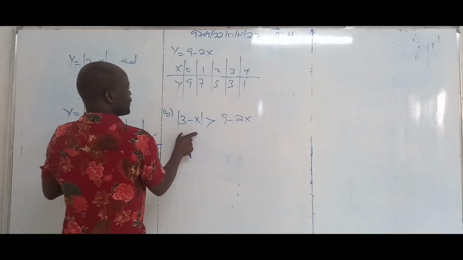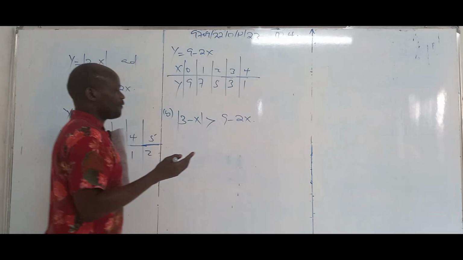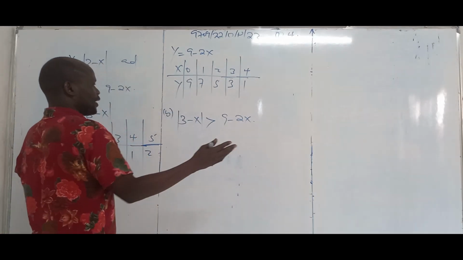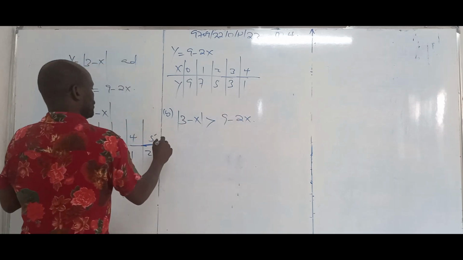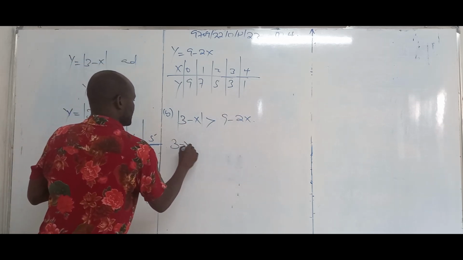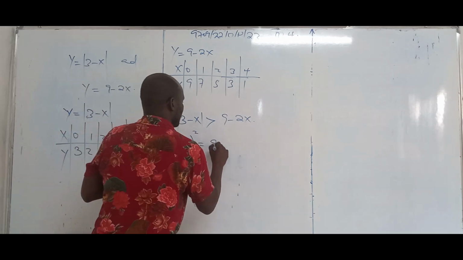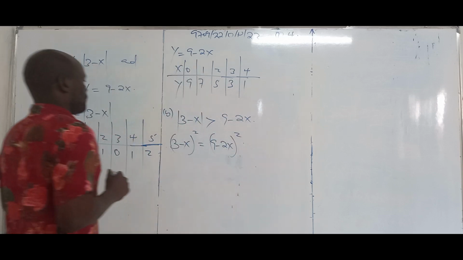Now, being that this side gives us the modulus, that means strictly observing the positive sides. For us to take care of that condition, we need to square this side and that side. So we will be having 3 minus x all squared, equals 9 minus 2x all squared.